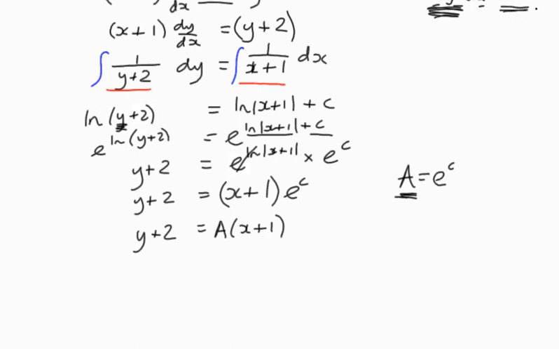So we're going to have A times x plus 1, and all we need to then do is remove the 2 from that side and say that our solution is y equals A times x plus 1 minus 2. It's still a general solution because our constant term is still there. It's in the form of the letter A this time instead of the letter C, but that's still our general solution. Okay, so again, different integration techniques and different ways in which we then rearrange in terms of y.